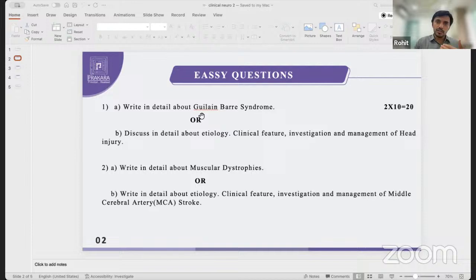In at least 10 to 30% of patients with Guillain-Barré syndrome, we find that there is a preceding infection which triggers the immune response in that particular individual. This infection is most commonly Campylobacter jejuni, which can cause diarrhea probably a week or two before the symptoms start.